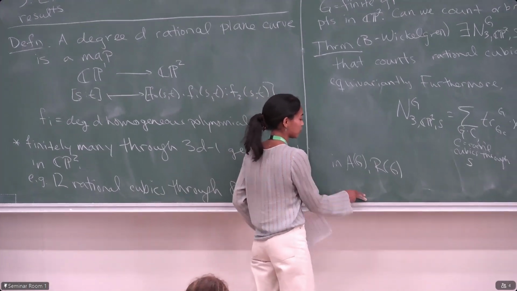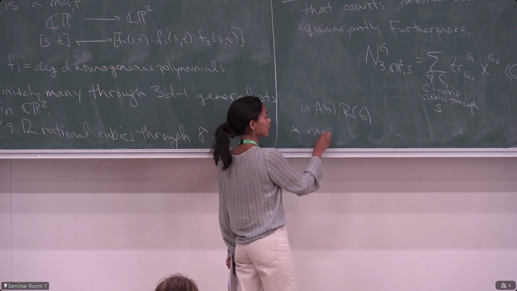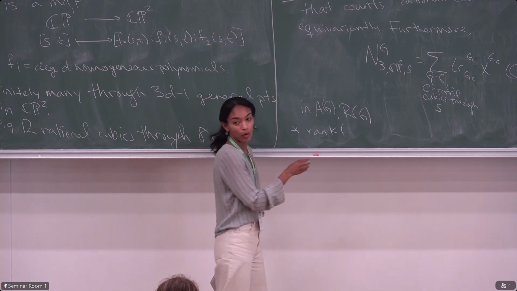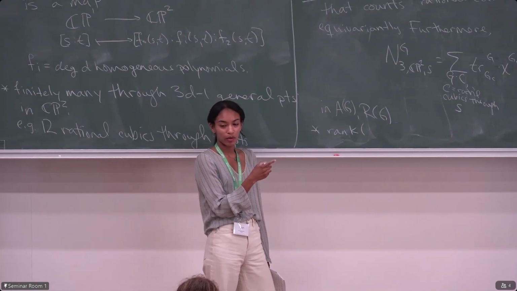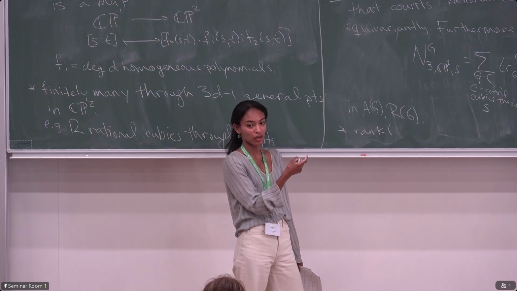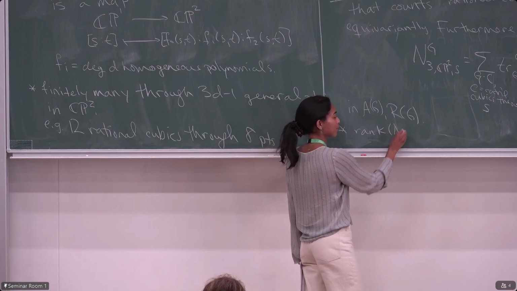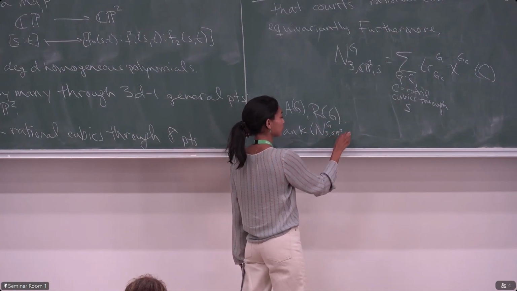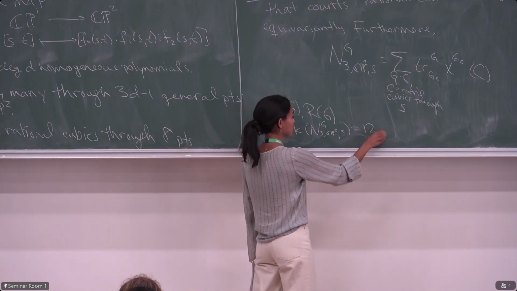So in particular, just say rank. Yes, it's a rational nodal cubic, so its Euler characteristic should be something like the Euler characteristic of a smooth cubic plus its Milnor number, which is 1. So you get some virtual rank 12 representation.